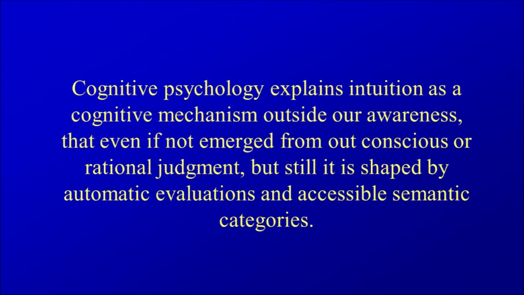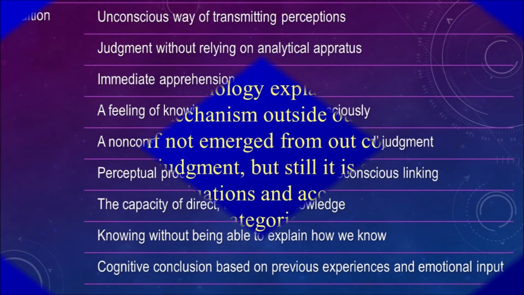We do not find a consensus on the definition of intuition. However, this is a list of short sentences that can help you to see how intuition was defined by different authors. I am going to read these sentences taken from different definitions, and let's see how intuition is perceived by different authors.